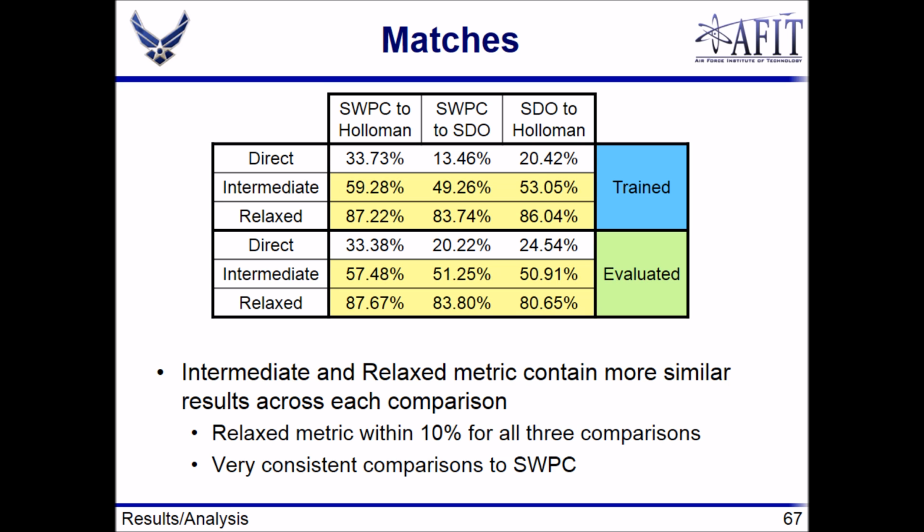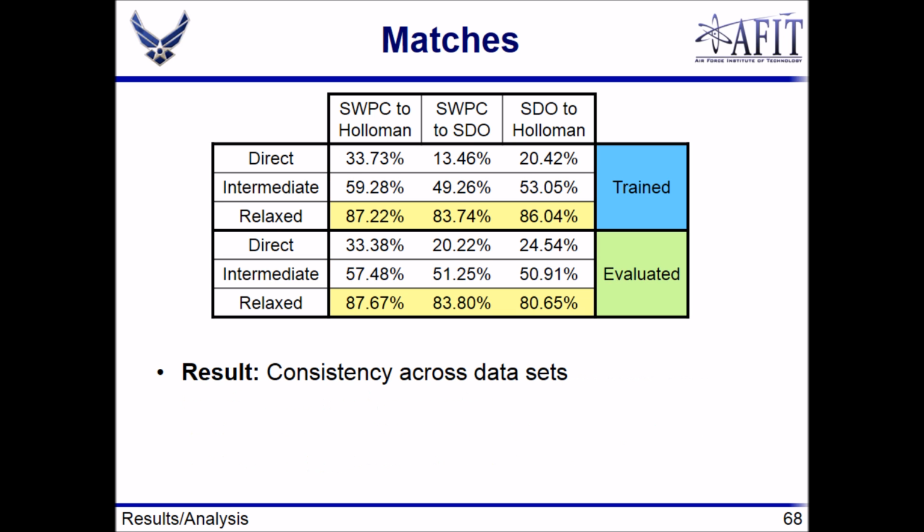In the next slide, I'm highlighting that the intermediate and relaxed metrics contain more similar results across each comparison, as we would expect. Once we get to the relaxed metric, we're within 10% match for all 3 comparisons, and so that's good. There are pretty consistent results too compared to SWPC.